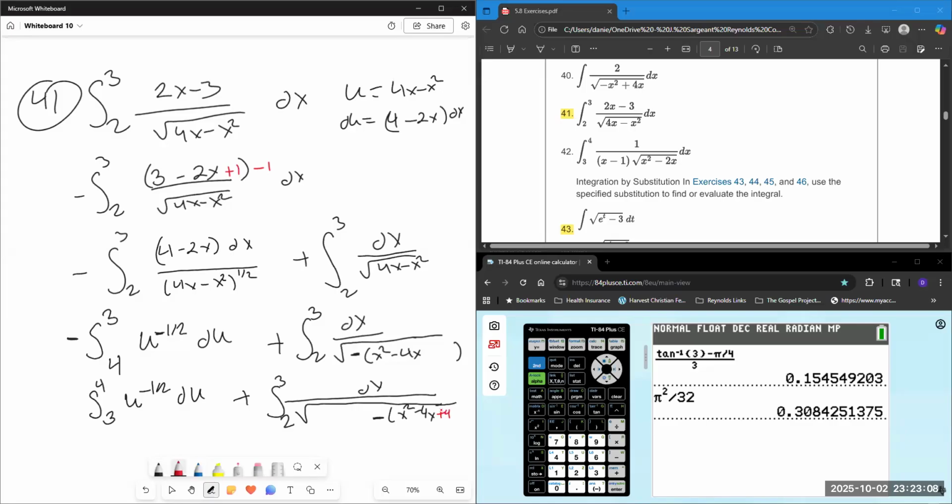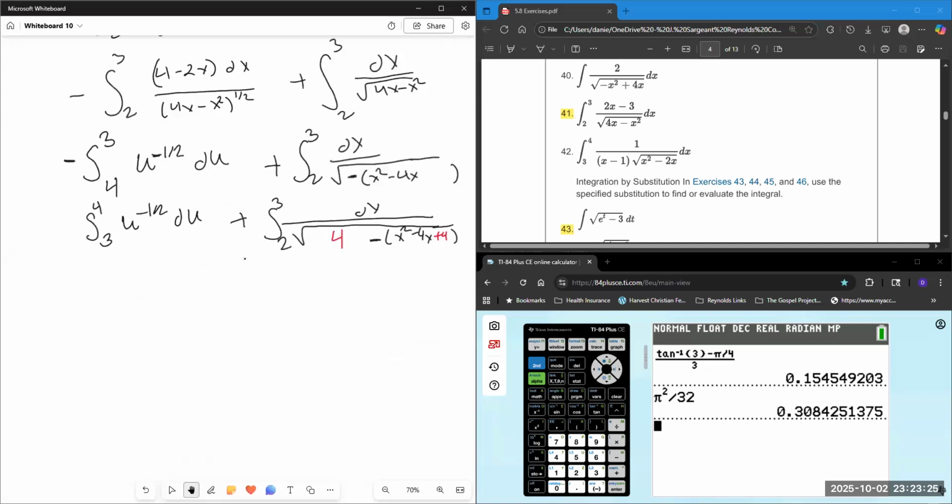Plus 4. And then that really was a negative 4 that I just added, so I'm going to put a 4 there to balance that. And that makes this u to the 1/2, 2 there.